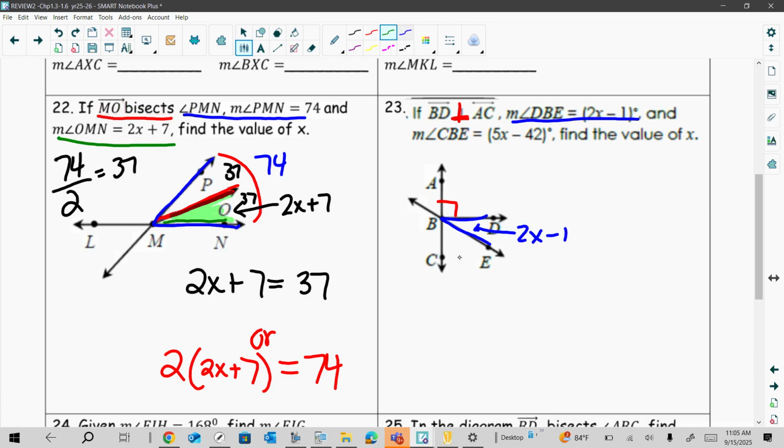And then CBE, which is this angle inside here, is the 5x minus 42. Because I know we got perpendicular lines, these angles are complementary angles. And complementary angles equal 90. Your equation should equal 90 when solving.